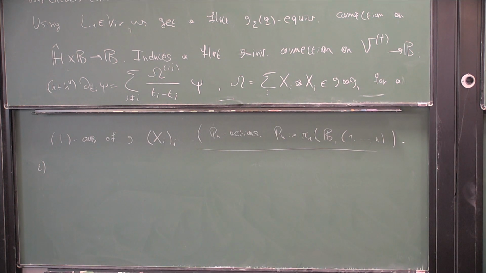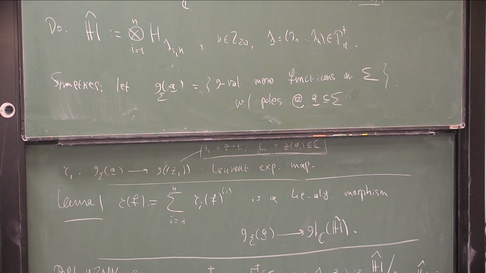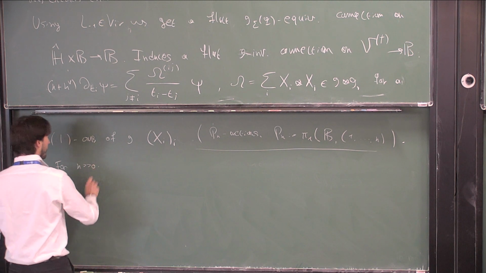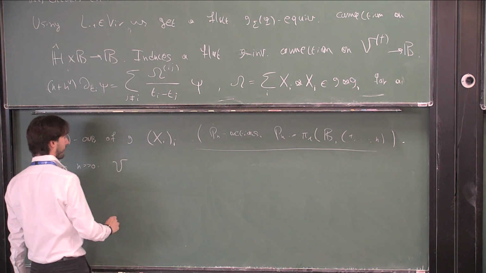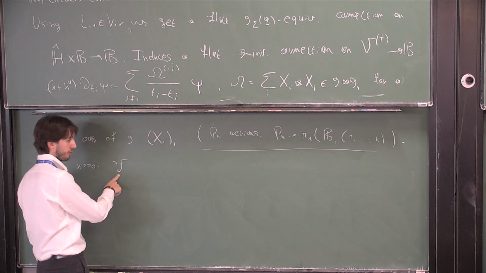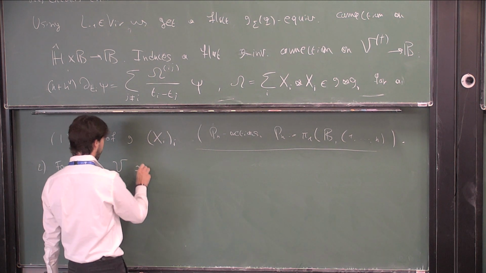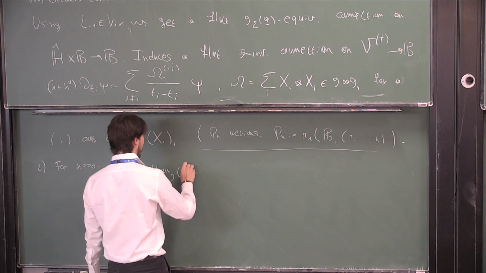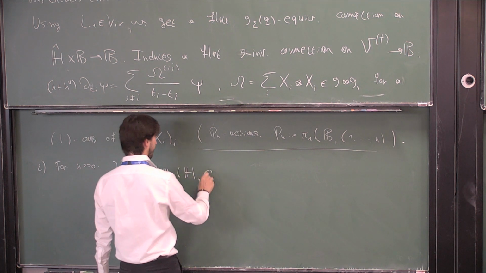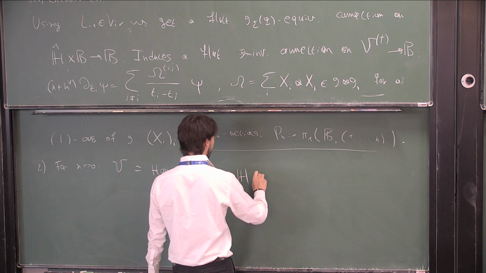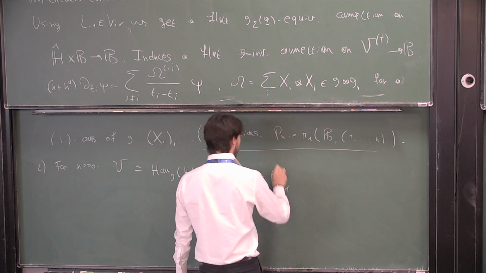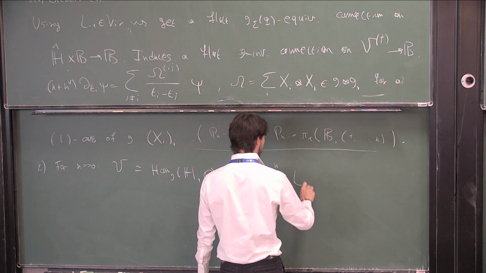Okay, so the remark is the following: if you look a bit at this space here, and then take the reduction, there is another description of this. So for k big enough, one actually has an isomorphism of the bundle of vacua, the conformal blocks, with just the G-invariant functions on something which I can call H without a hat now, which is the tensor product of the simple modules for the finite dimensional algebra.